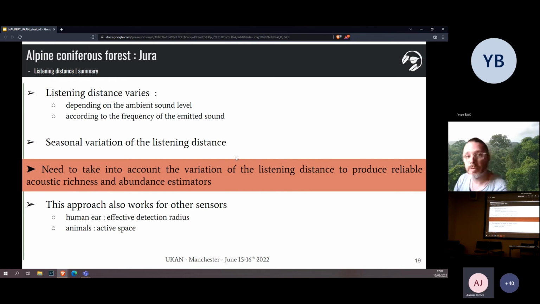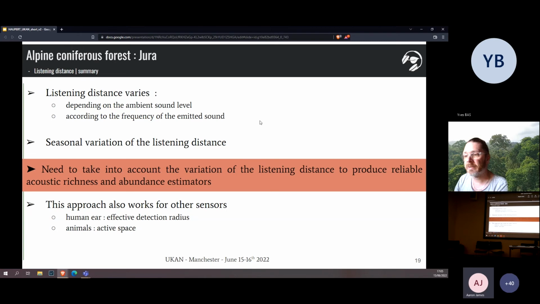So, to summarize, the listening distance varies depending on the ambient sound level and according to the frequency of the emitted sound. So low frequency and high frequency do not have the same listening distance. We also observe a clear seasonal variation of the listening distance.